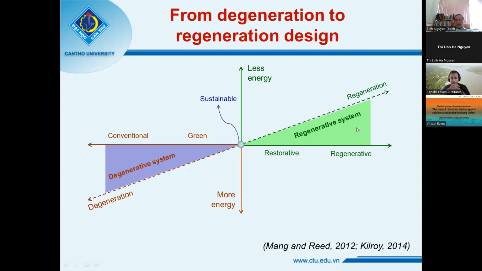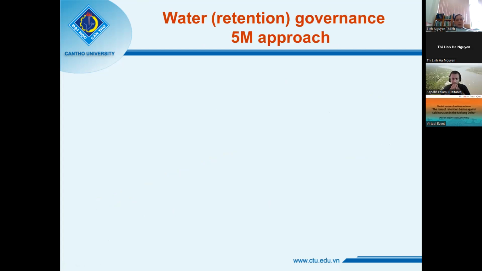It means that this new system is better for the environment, for people, and also in terms of energy compared to the previous one. So then water retention should be approached in different ways, not only technical, but what I call here the 5M approach. So what is the 5M?